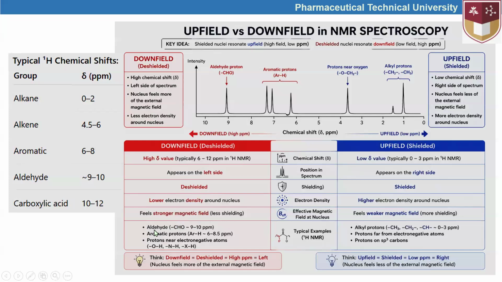Here we can see that aldehydes are located somewhere between 9 and 10. I mean, the hydrogen of the aldehyde groups is located between 9 and 10, or in aromatic compounds between 6 and 7.5 or 8 and so on.